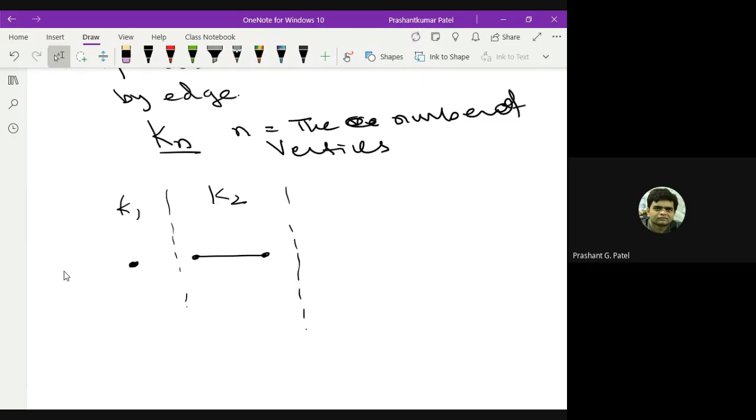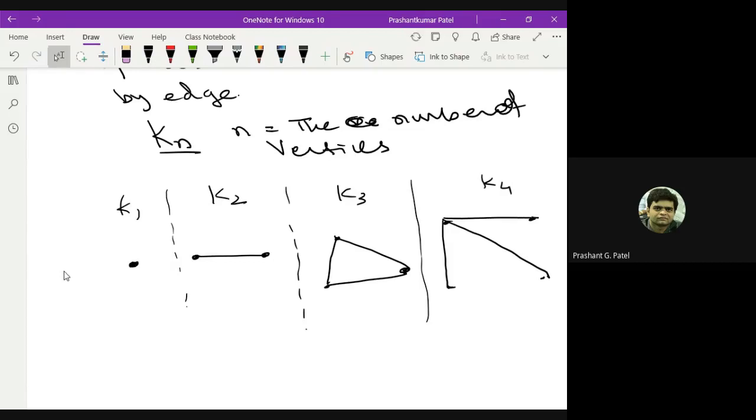Simple graph. K3. So there are three edges. This vertex will connect with this one, and this one connects with this one, this has to be there. That's it. This is K3. What is K4? So there are four vertices.